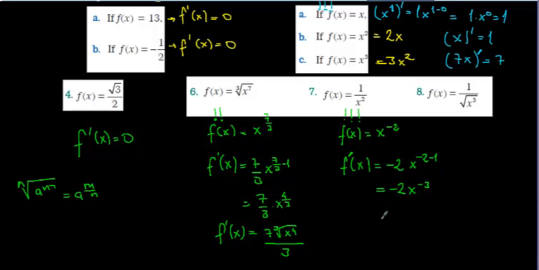Okay, then the answer, this is the last step, it can be f derivative x is equal to minus 2 over x to the power of 3. Okay, the last one, we have a radical expression at the denominator, which means first we should get rid of the radical expression and bring it up as a power.